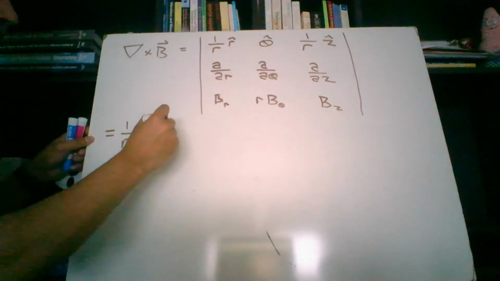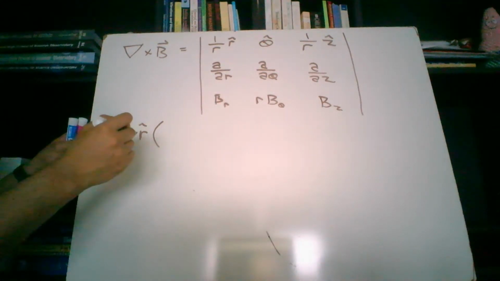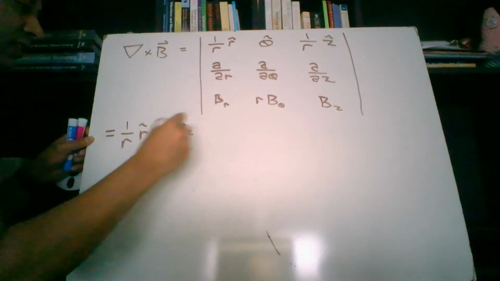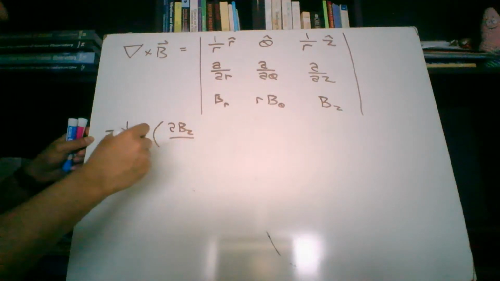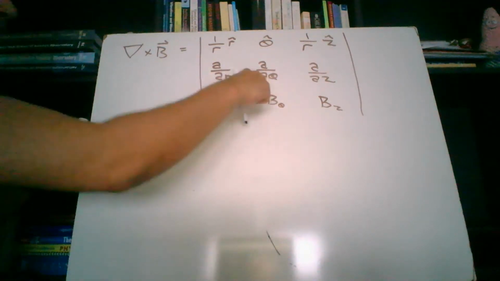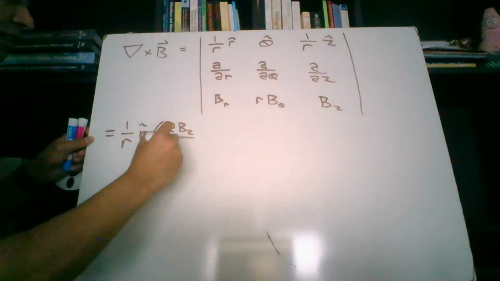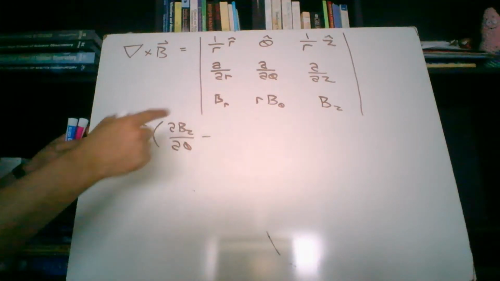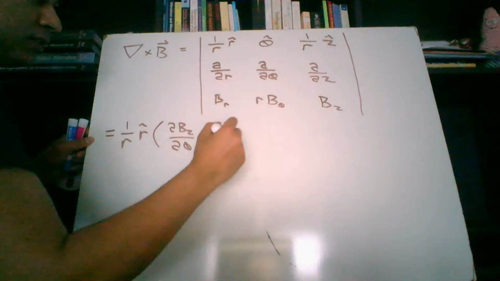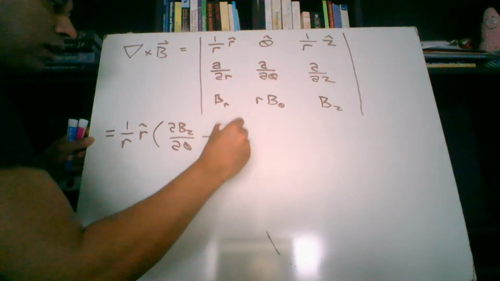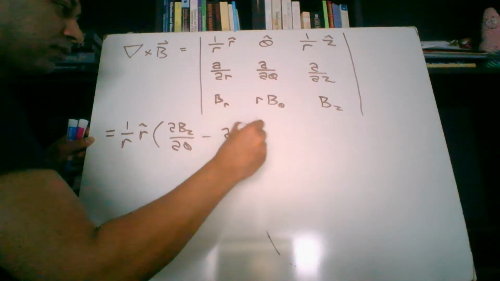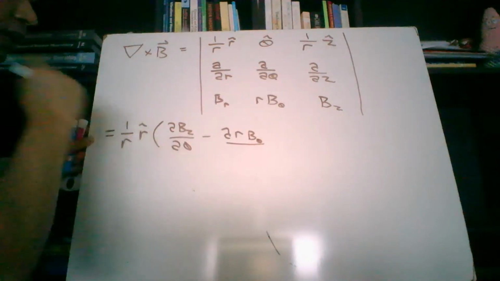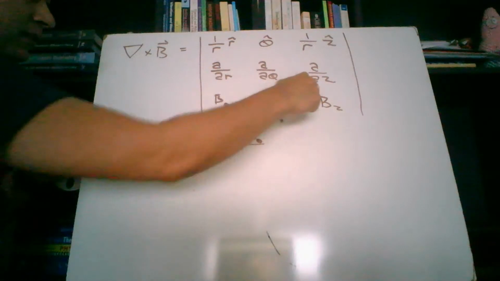So I'll just work it out. d Bz over d theta minus d (r B theta) divided by dz.